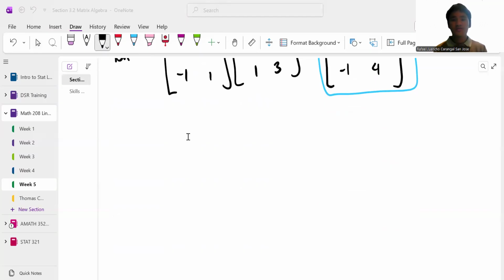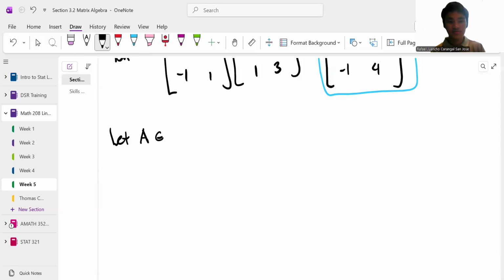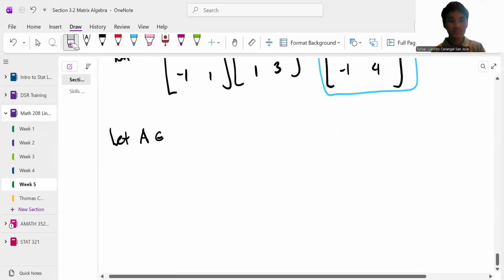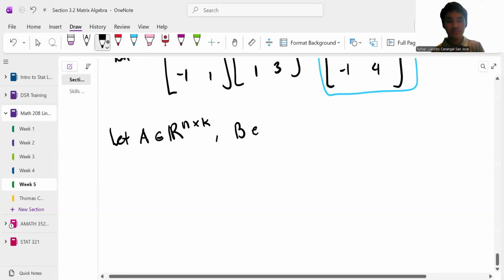Now, in some applications, we only need a single entry of the matrix product AB. So let's try this. We let A be a matrix n by k, and we let B be k by m.